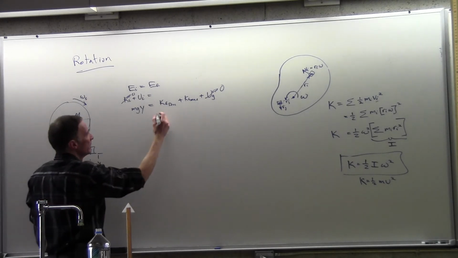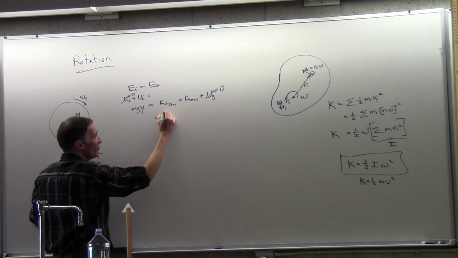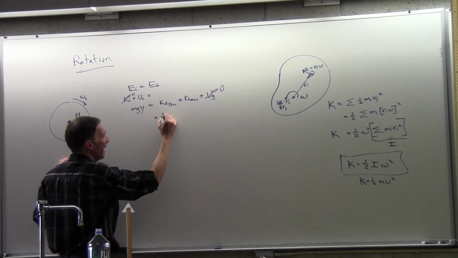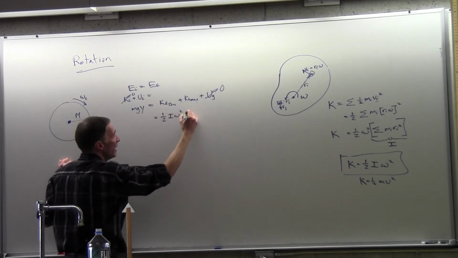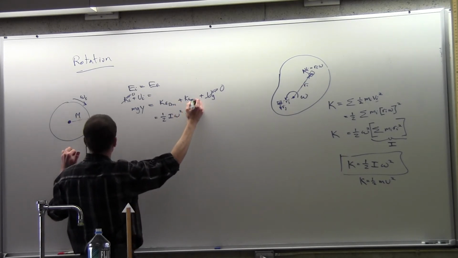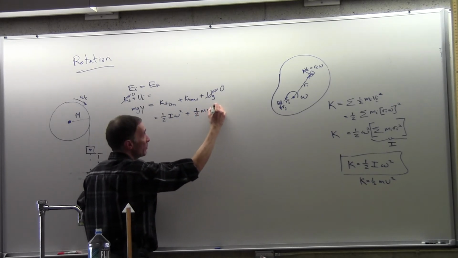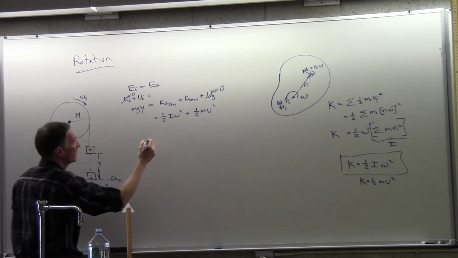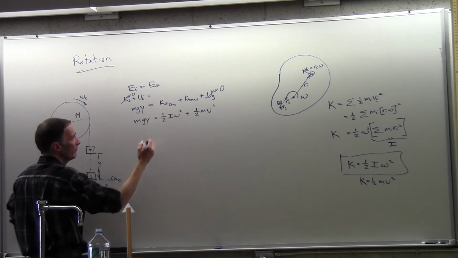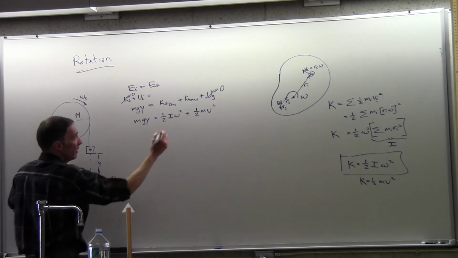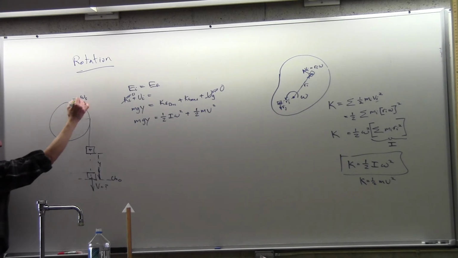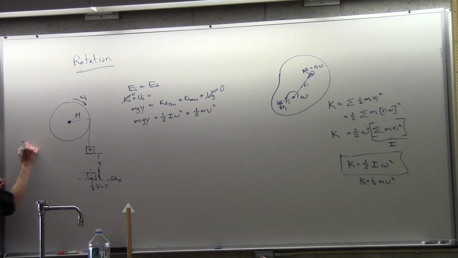So, subtle issues. The kinetic energy of the disk, here's where we can use this 1/2 I omega squared, plus the K of the mass. That's just 1/2 mv squared. And that should be just equal to mgy. We've got this relationship here that as this thing rotates, the tangential velocity is going to be equal to the radius of this thing, r, times omega final.